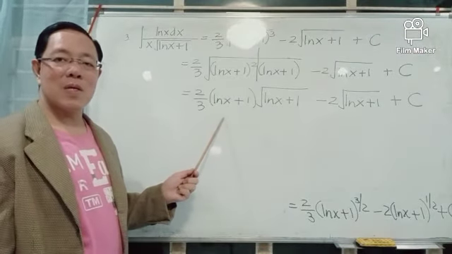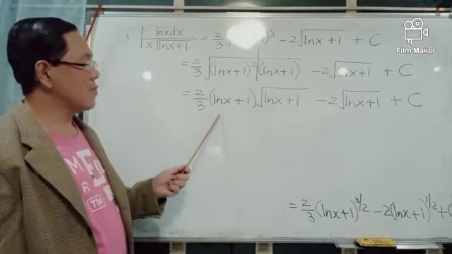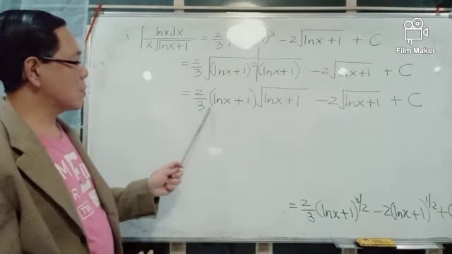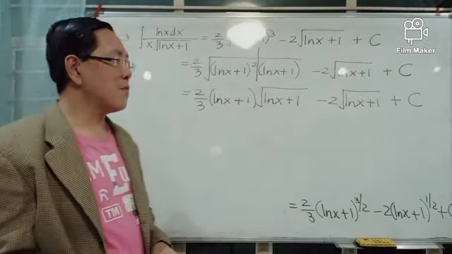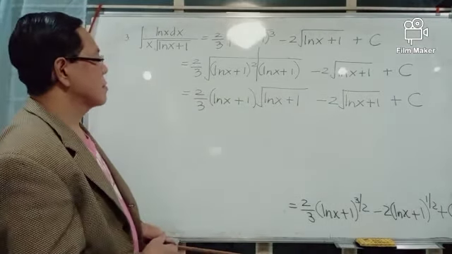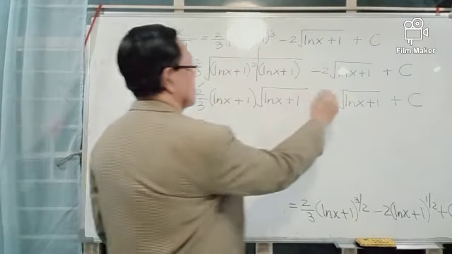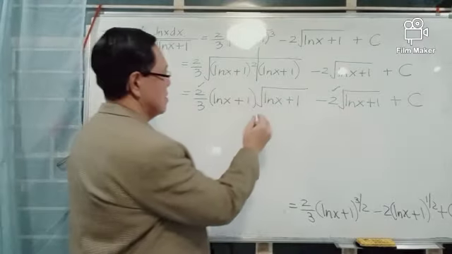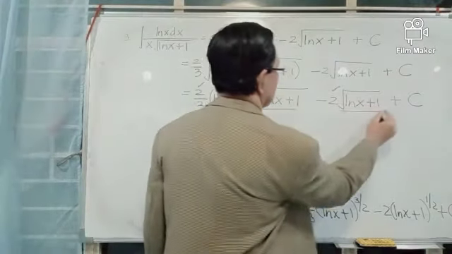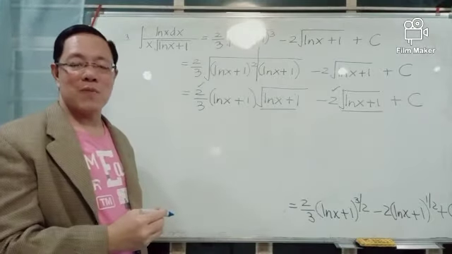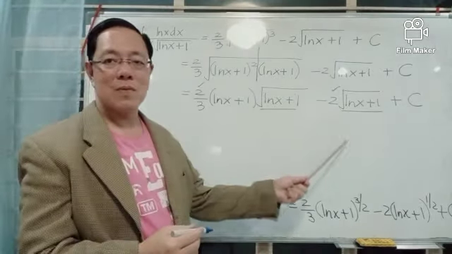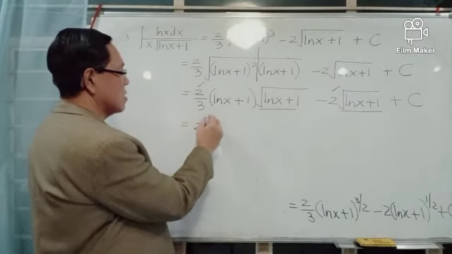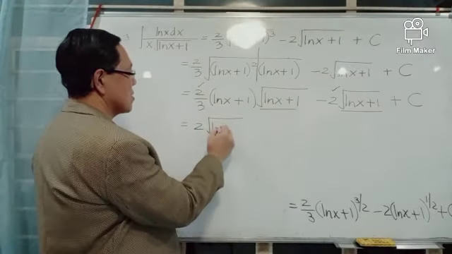This may already be your answer, but if you want to write your answer in factored form, the two terms have common factor of 2 and square root of ln of x plus 1. We'll factor those factors from the two terms. We have 2, common factor is 2, and square root of ln x plus 1.